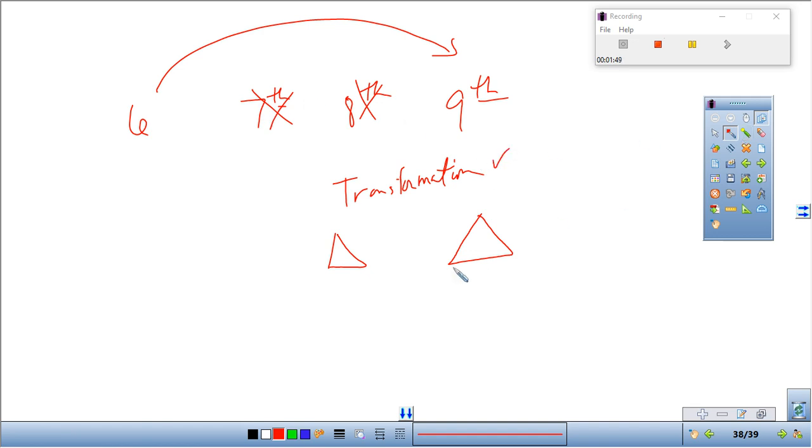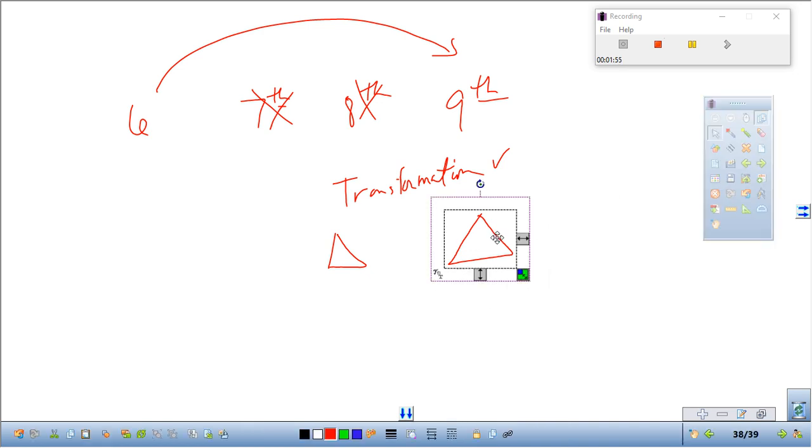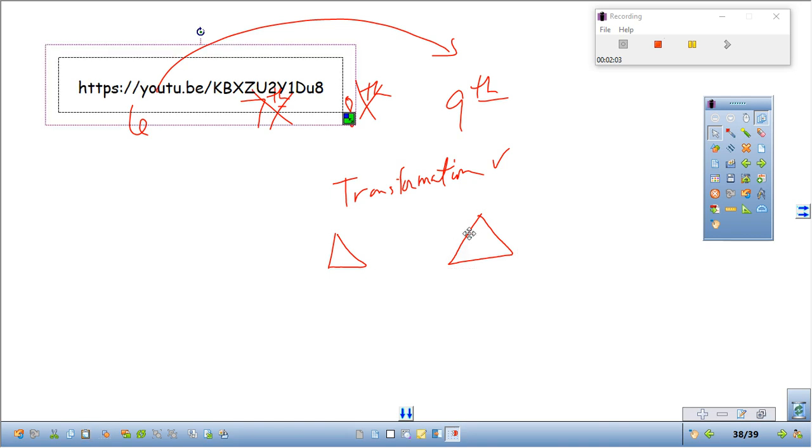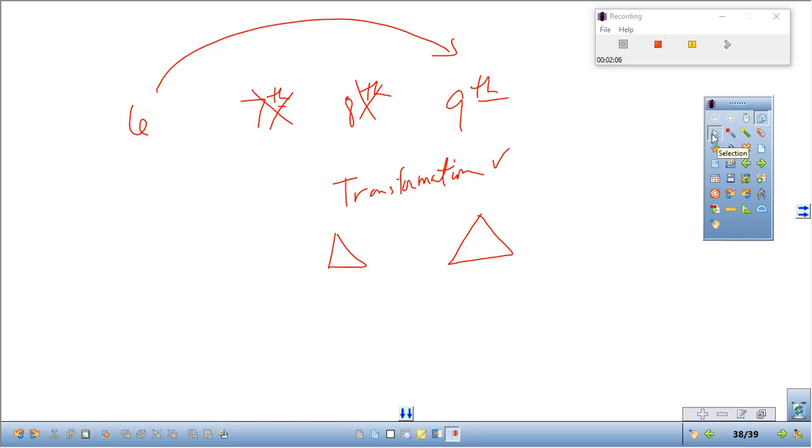Now it comes about a dilation. If you see this triangle here, let me copy this triangle and paste it.